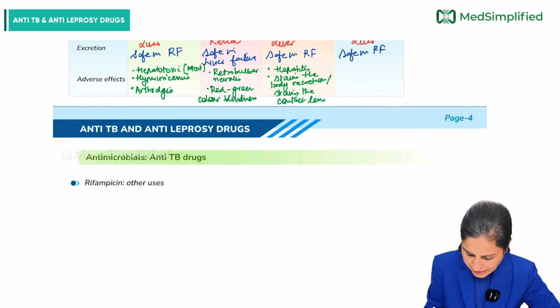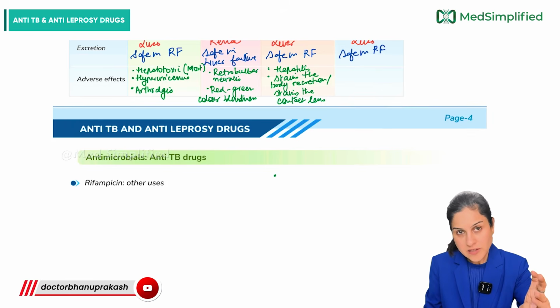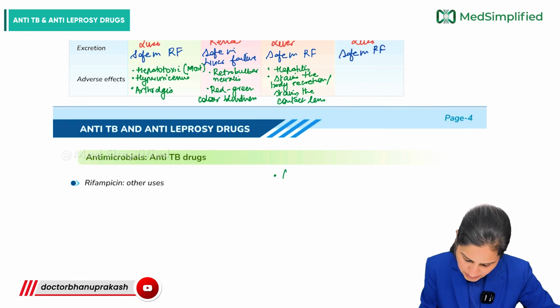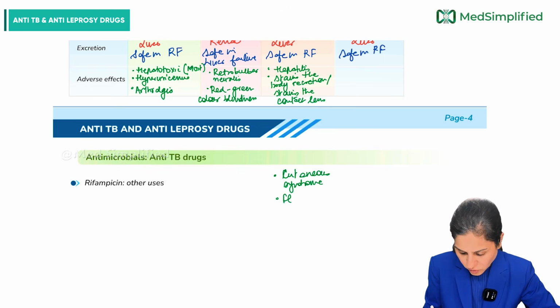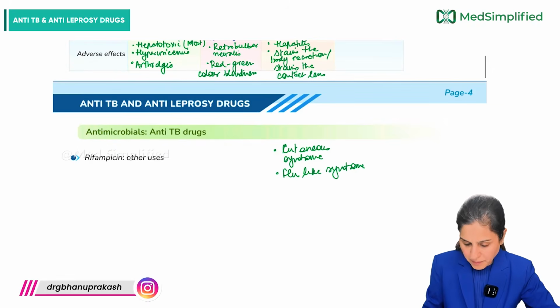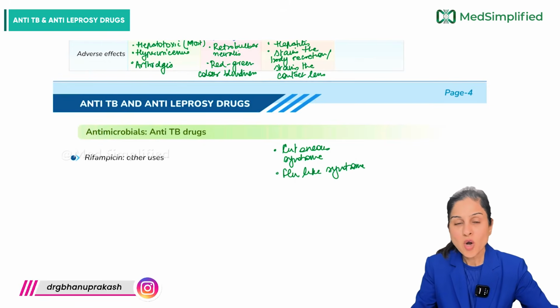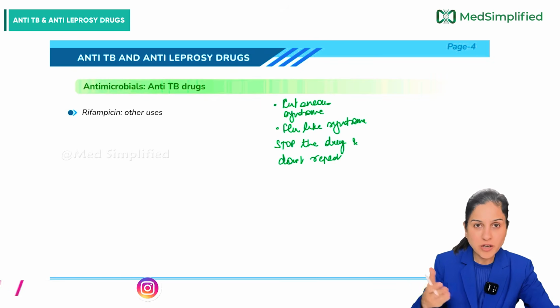So, here for rifampicin, I will write more. Hepatitis, staining of the secretions, it can lead to cutaneous syndrome, flu-like syndrome. Remember, once you have to stop giving the drug, you cannot repeat.